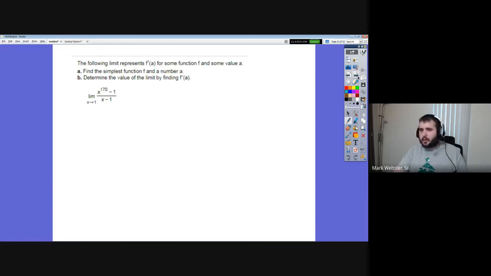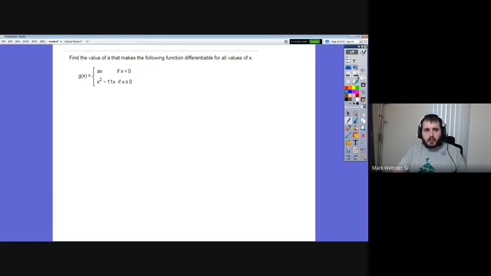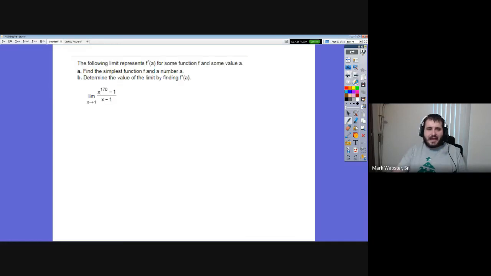But I did want to talk about these last two most of all. So this is an alternative way of writing the difference quotient: (f(x) minus f(a)) over (x minus a). And so if you have a function written this way, you can just read off what f(x) is by looking right there.